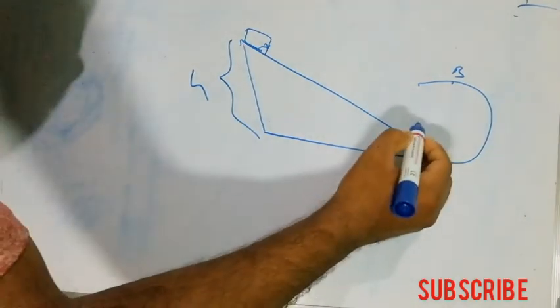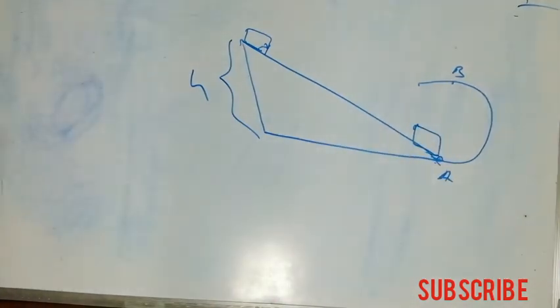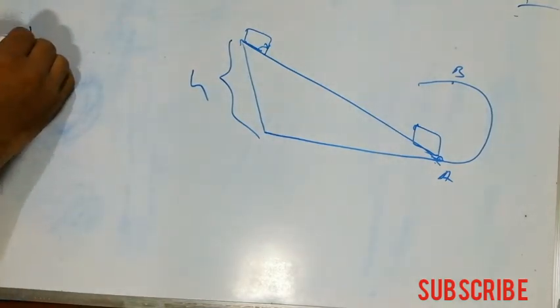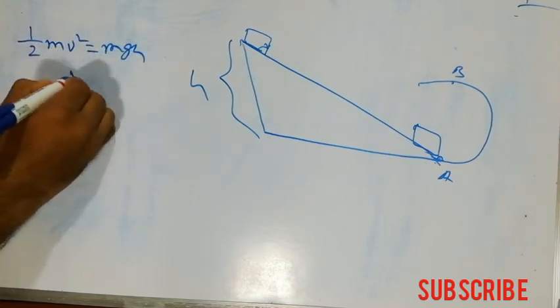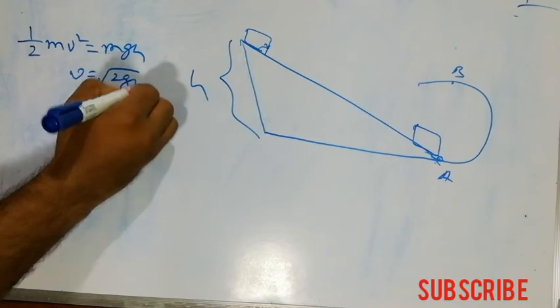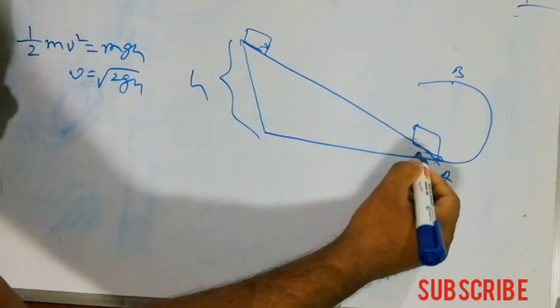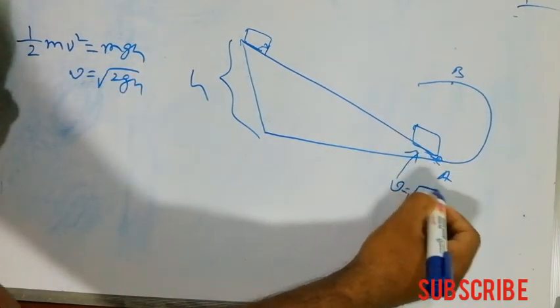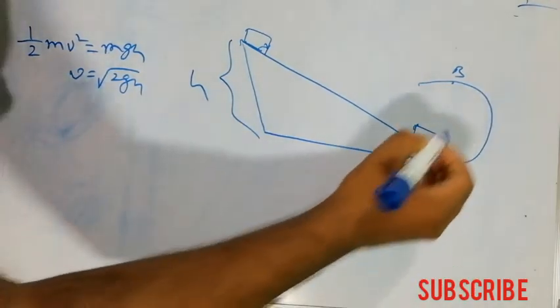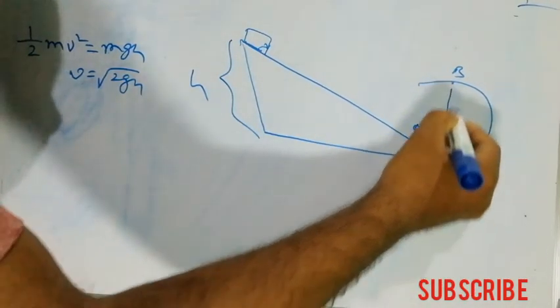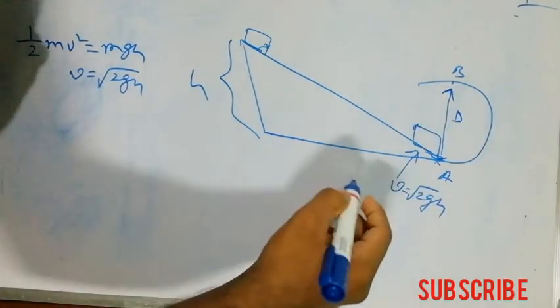Whenever it reaches the lowest point, its velocity, according to conservation of energy, half m v square is equal to mgh. So v is equal to root 2 gh. So velocity at this point v is equal to root 2 gh, and AB is the diameter.